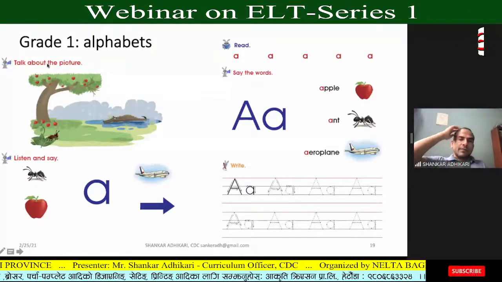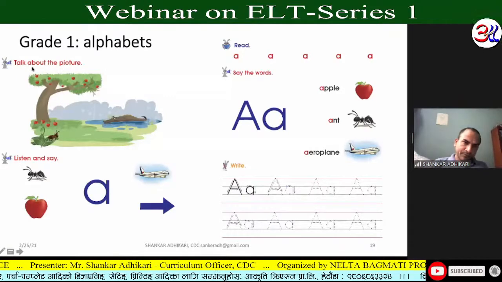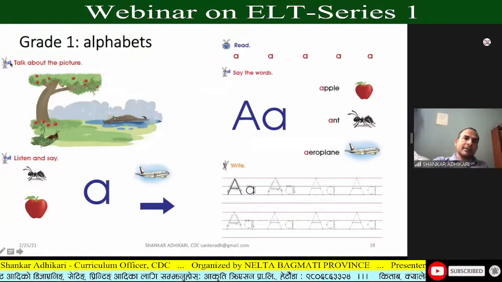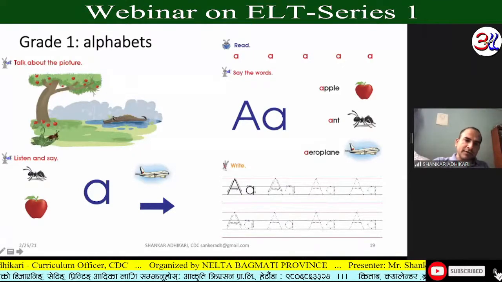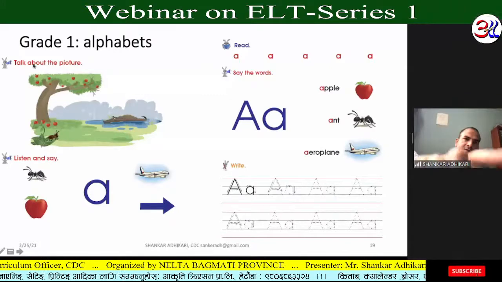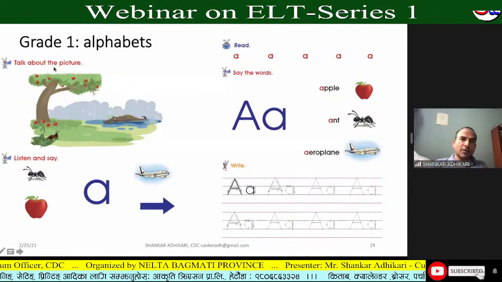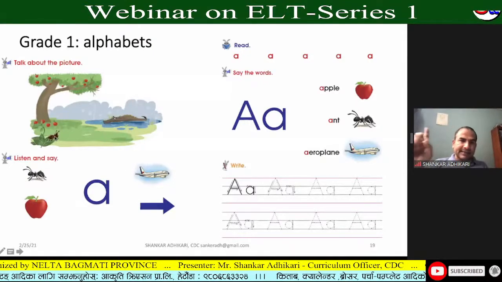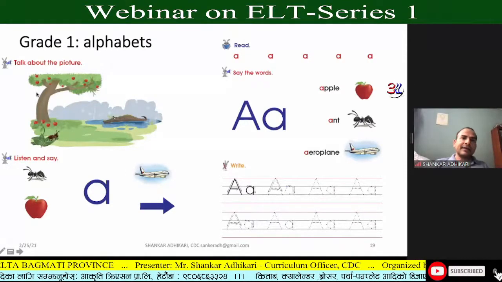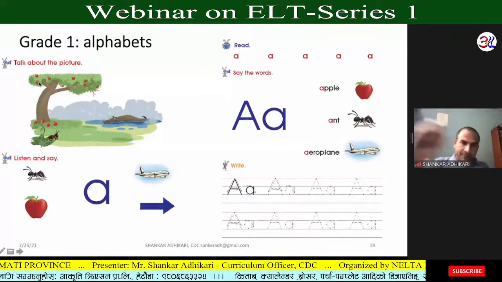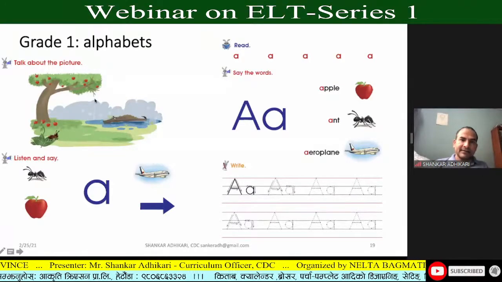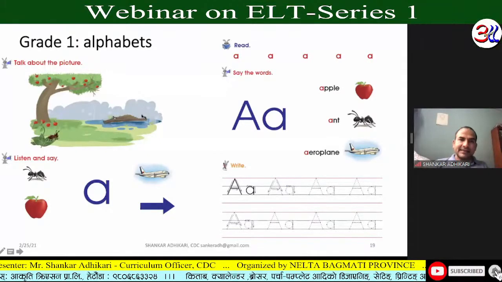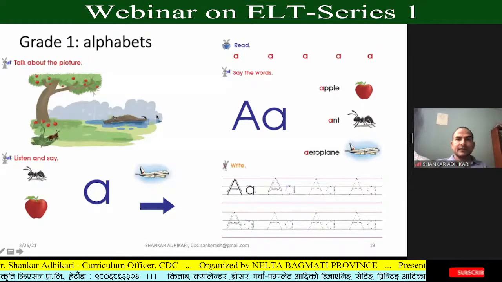If you look at this instruction, it tells you to talk about the picture, and when you talk about the letter, you can see apple there, you can see alligators there.